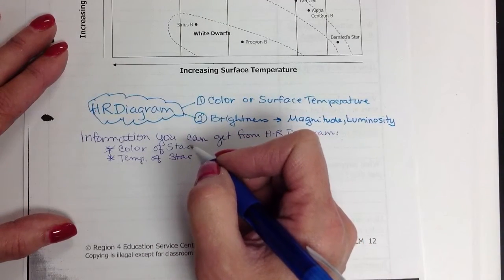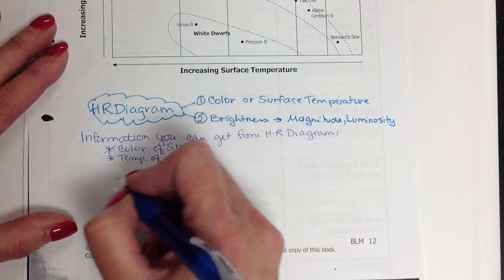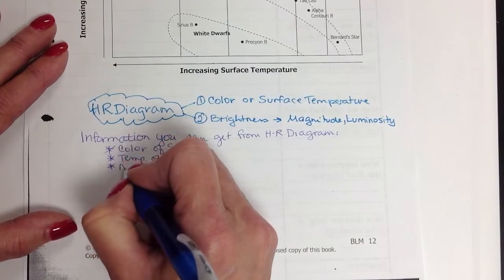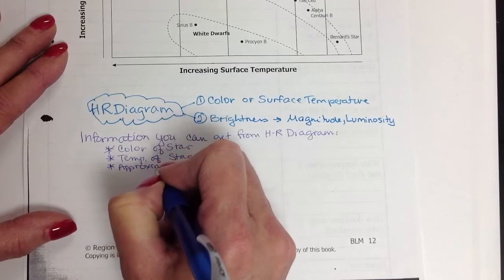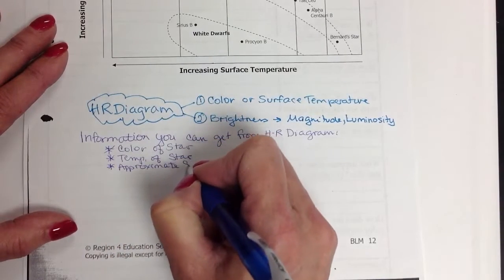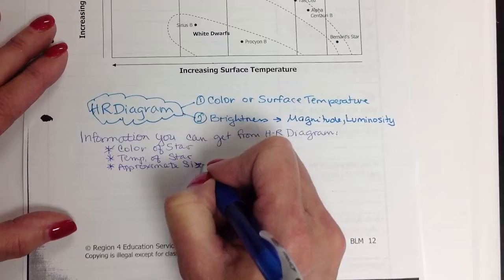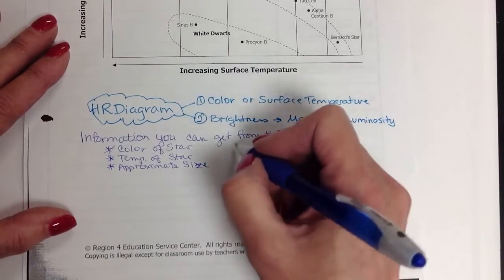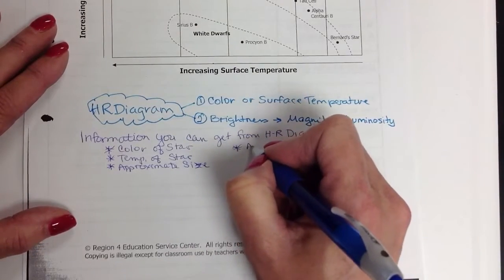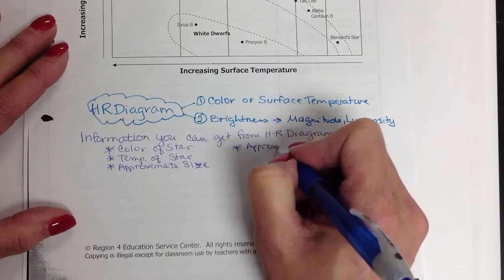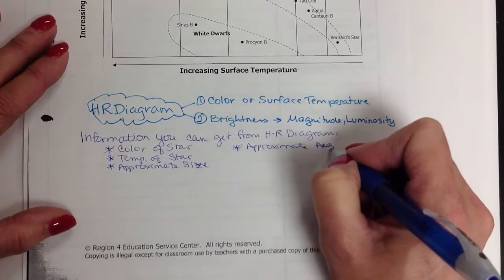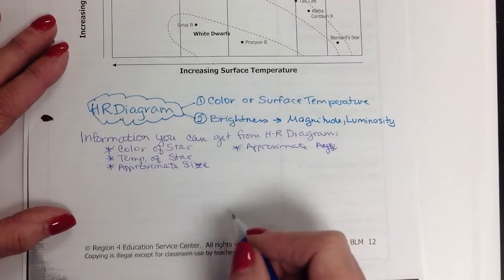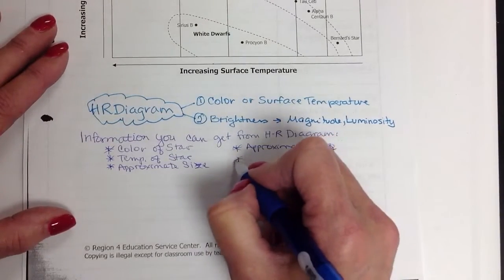You can also get the approximate size of the star. You can get the approximate age. And you can get, of course, the brightness or the luminosity.